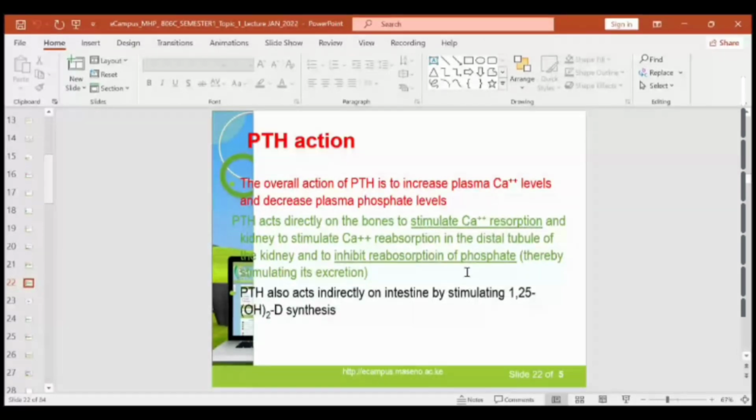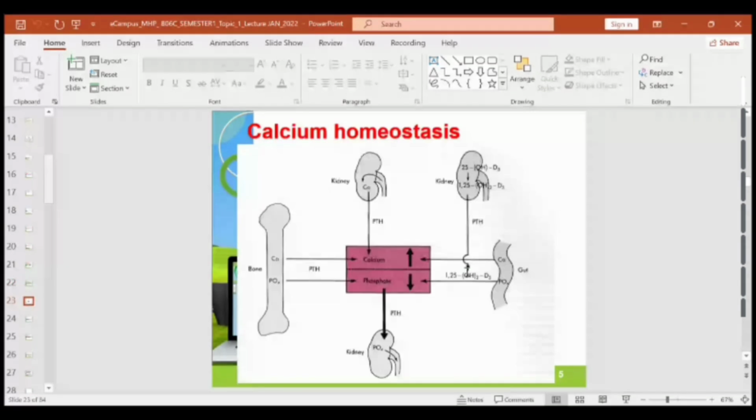It also acts indirectly on the intestine by stimulating the synthesis of vitamin D3. So that is another diagram that gives you the interplay between the kidney, the bone, and the intestine, and how the PTH takes place in all of that.